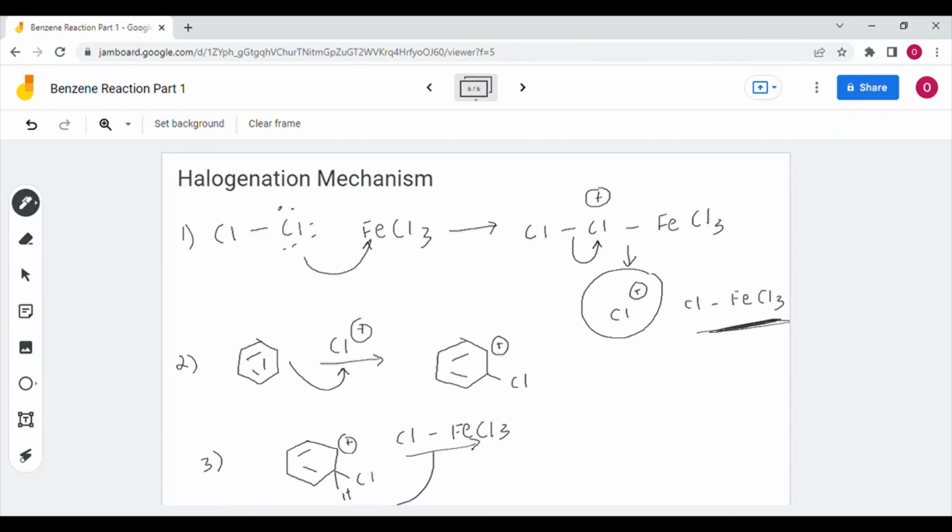It attacks this hydrogen, and the electron on the hydrogen reforms aromaticity like so. In the end, we have this molecule as well as excess FeCl3. And that's the mechanism behind this reaction.